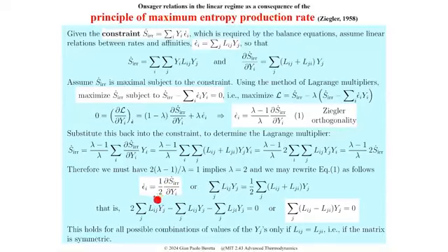Finally, we can substitute into here our assumption for epsilon dot. So this is for the left-hand side, and this is for the right-hand side.